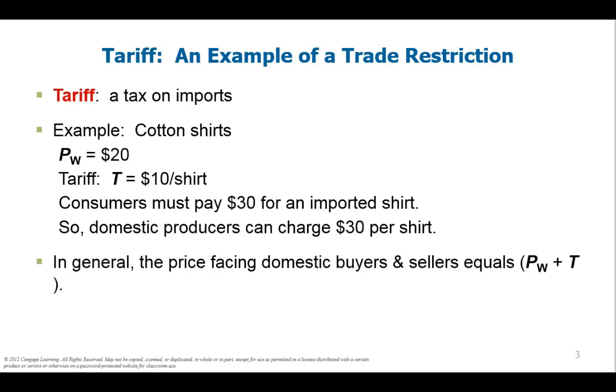There are two specific tools we will look at that are commonly used to help offset loss potential. They are tariffs and quotas.